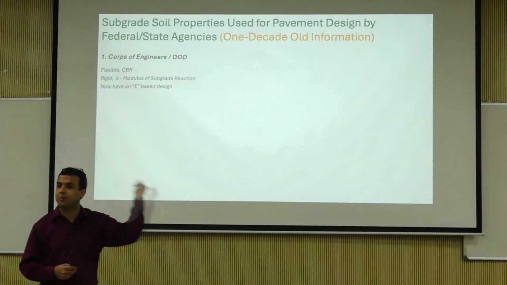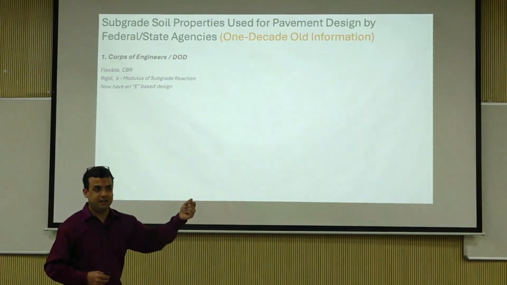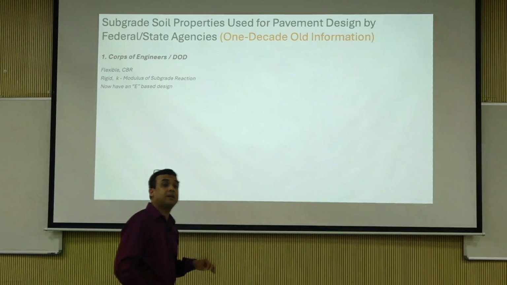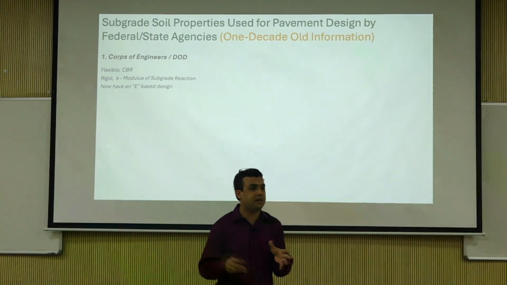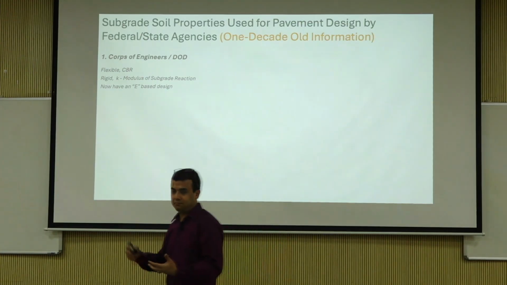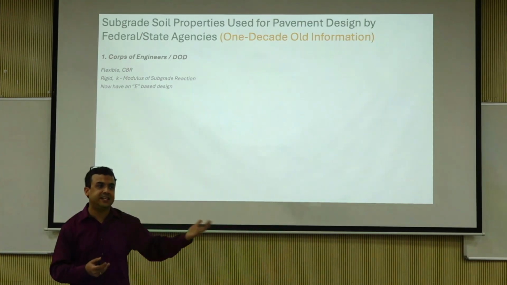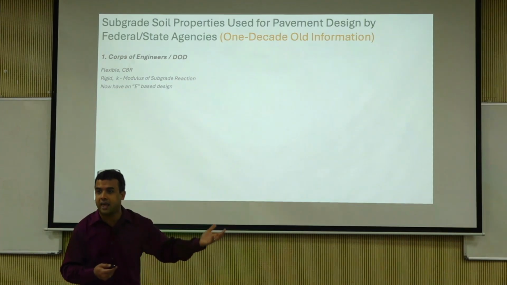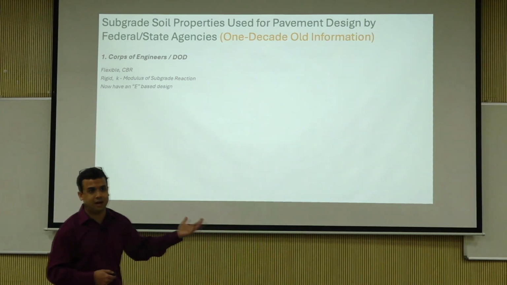They need the information like yesterday, right? So a lot of their work has to be based on empirical or quick tests. They cannot afford even a simple CBR test, which is a 96-hour soaking. It's 4 days. That's a lot of time. You can't afford that, right?